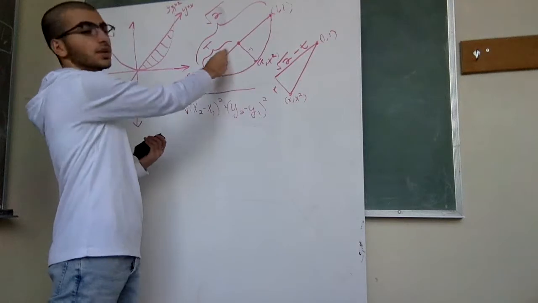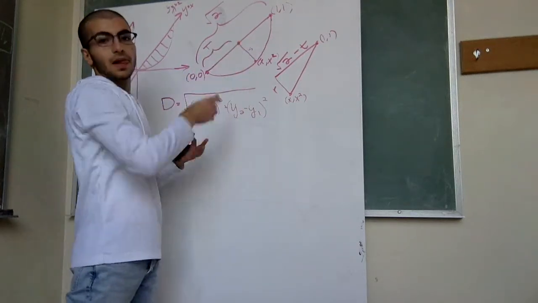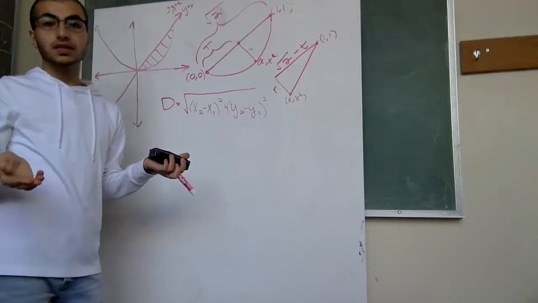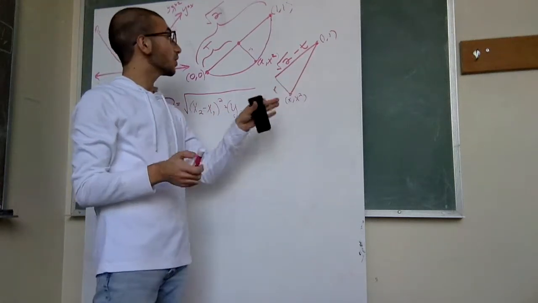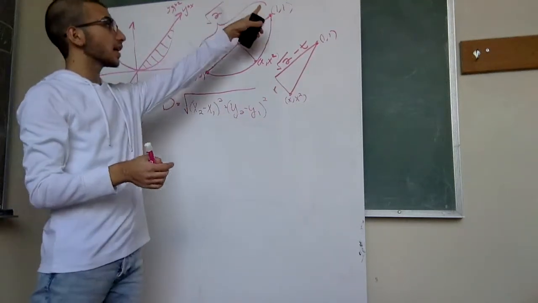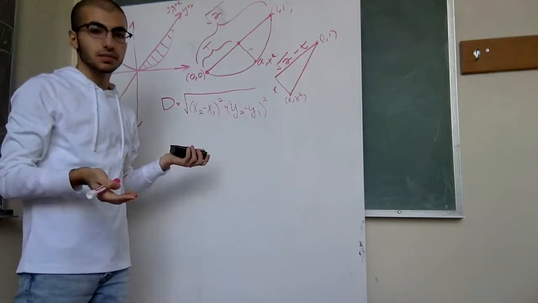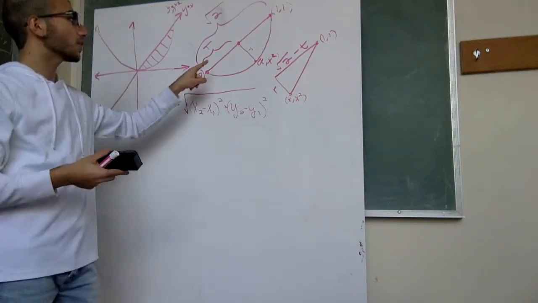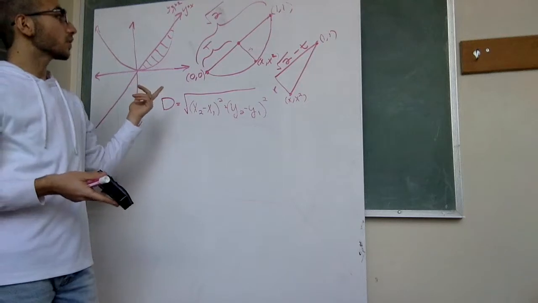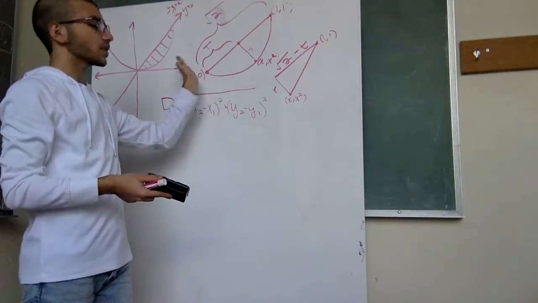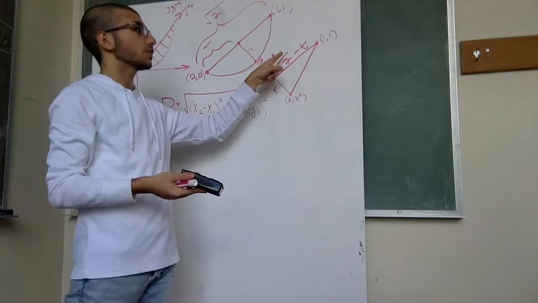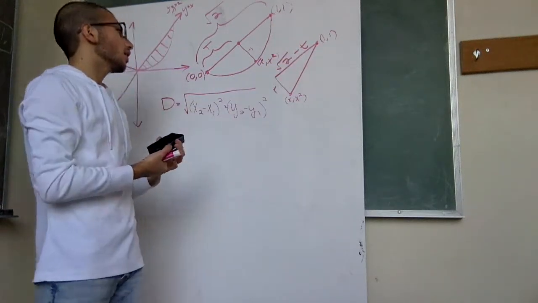So this is the first one we use, this is going to be the second one, and we're going to also use the distance formula to find out the hypotenuse of it. And we know that the full length of this side is the square root of 2 after using the Pythagorean theorem, and we know that this length is t. So the length of this side is just going to be the whole one minus this side, so it's going to be square root of 2 minus t.